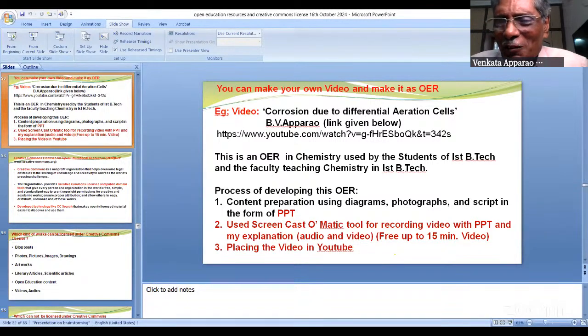And in the process of developing OER, you will learn many things. Right? So this is one example I have given to you by using ScreenPal as the tool, a free and open tool, up to 15 minutes. There may be other equally good tools also. Because this is so easy to use, I have quoted this example. Whatever tools you have, develop your OERs.